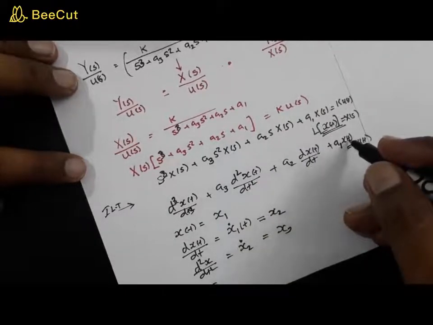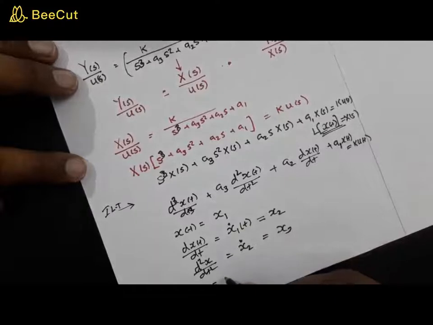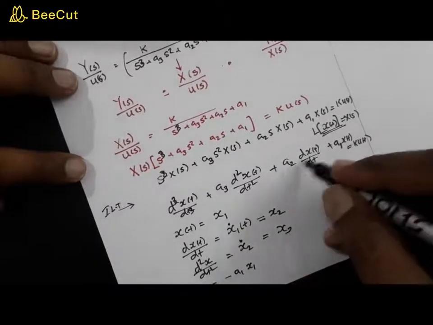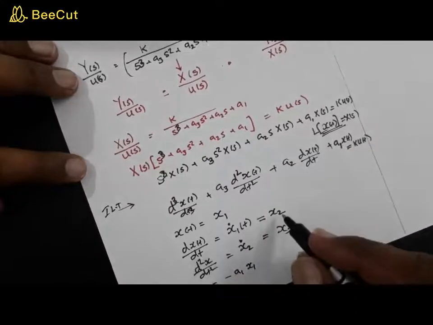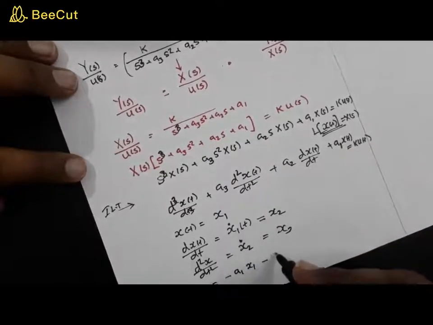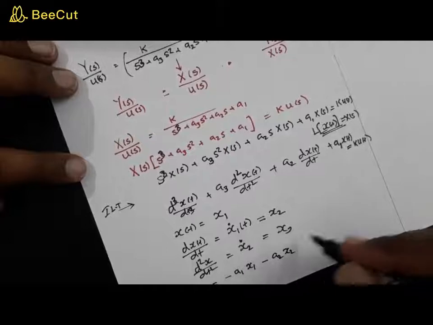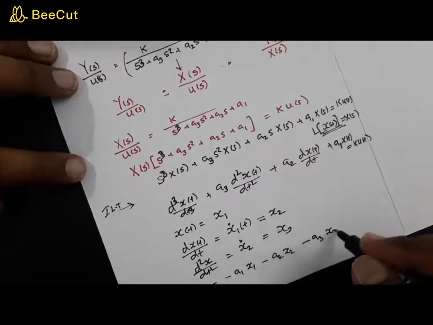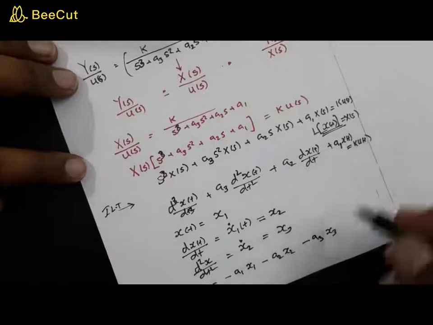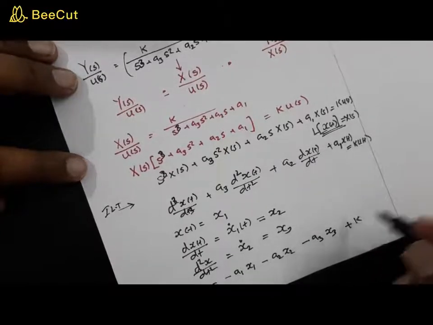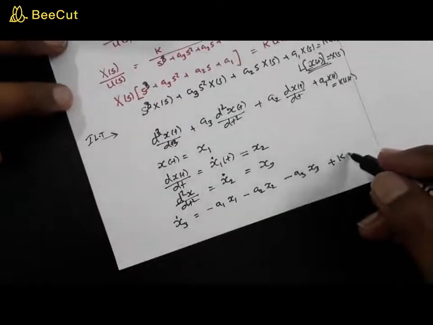Now you will be getting x3 dot from this equation as, okay, this is a3, you can substitute a1 x of t as x1, so this will be minus a1 x1, right? What about a2 dx of t by dt? That is x2, so that is minus a2 x2 and minus a3 x3, then you have plus k into u of t, right?